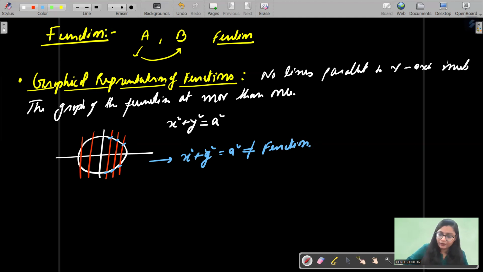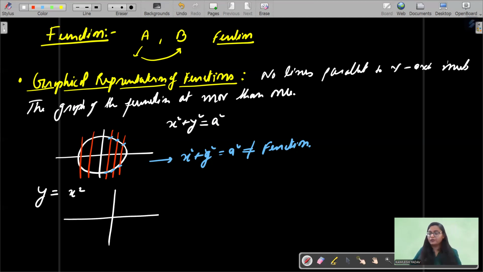Suppose we have another graph, like the graph of y equal to x square. Then we can draw the graph of y equal to x square. Here the graph is like this.